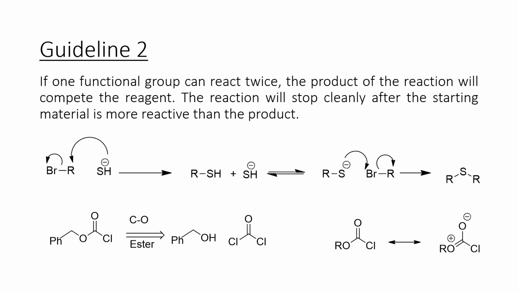While in the second example, the acid chloride with the phenyl group, here first of all we will see its retroanalysis. In retroanalysis, the C-O linkage will be broken between the carbonyl group and the O group of the ether linkage, and we will get the benzyl alcohol and phosgene gas COCl2.